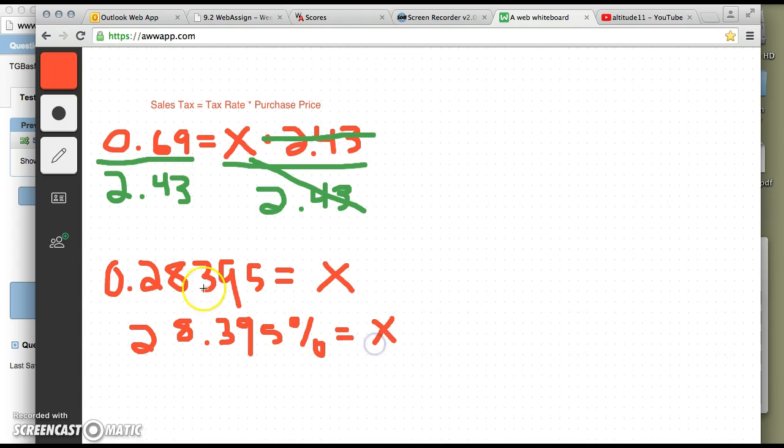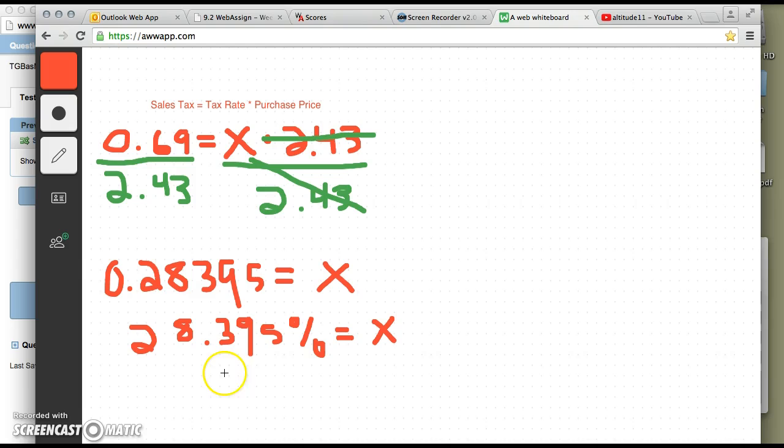Okay, so this is the numerical representation of our tax rate. This is the percent representation of our tax rate. So notice that these two numbers are different because this one down here contains this percent sign. All right, it's very important to understand that this as a number and this as a percent.